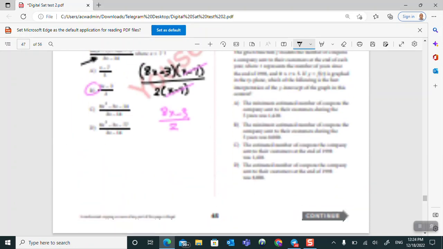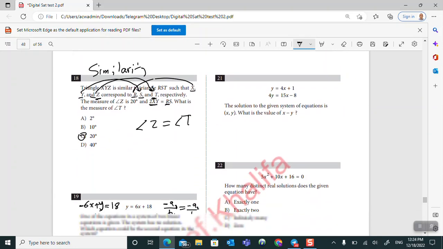Let's move on. The solution to the given system of equations is x and y. What is the value of x minus y? So here we have a similar equation question to the one we had at the first of the test. What you have to do is substitute in the equation. So all you have to do here is substitute y in the equation.